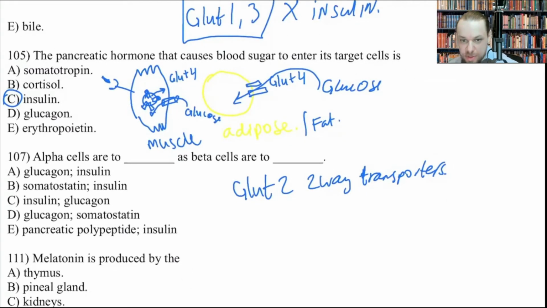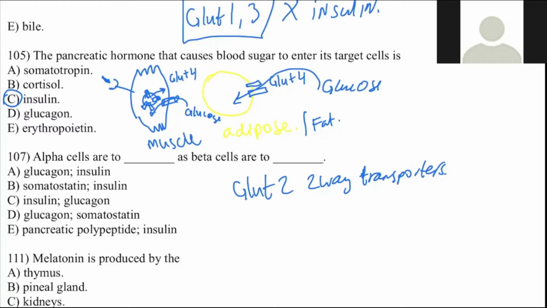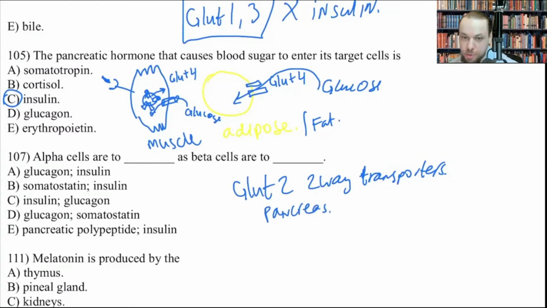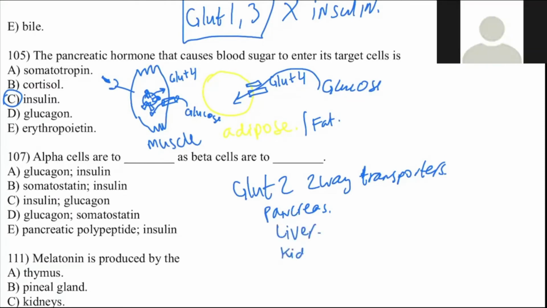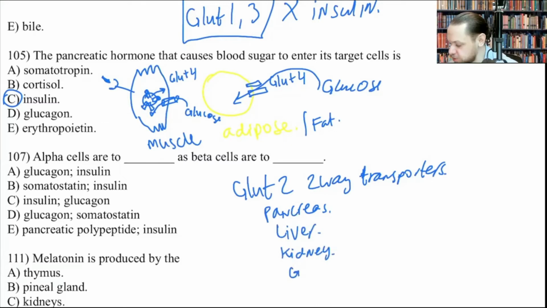What would be one of the most important organs that has glucose type 2 transporters? Well, there's a couple of them, but the pancreas. Because it has to sense the sugar, it has to be two-way. It has to know when to release insulin and when to release glucagon. The other ones being your liver, your kidney, and your intestines, or you could say just the GI tract. Why these organs?